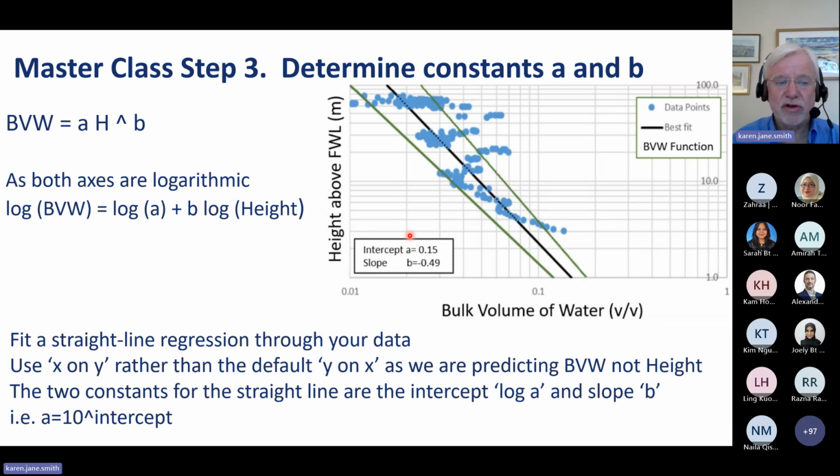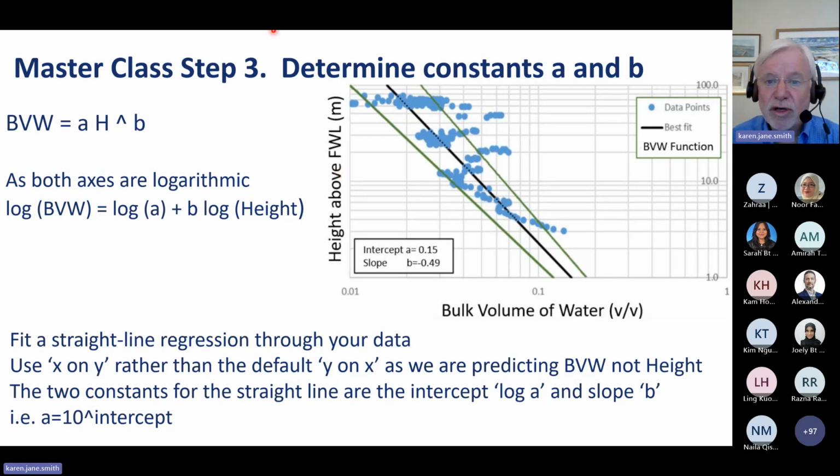We want to derive A and B. We've converted to log space, and we've got this linear equation. We fit a straight line regression through your data. Now we use the statistical method x on y rather than the default y on x, because we're predicting BVW rather than the y-axis. There are statistical reasons for that, which I won't go into.